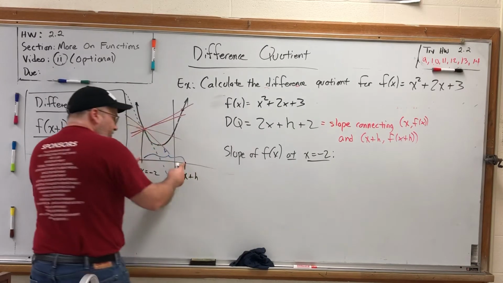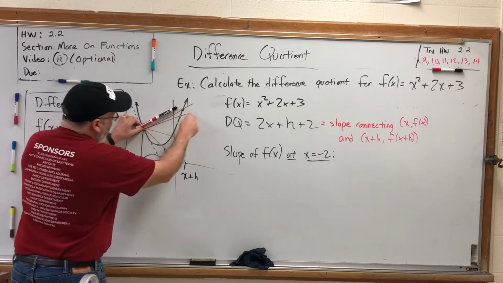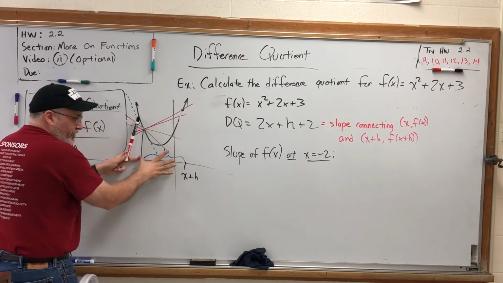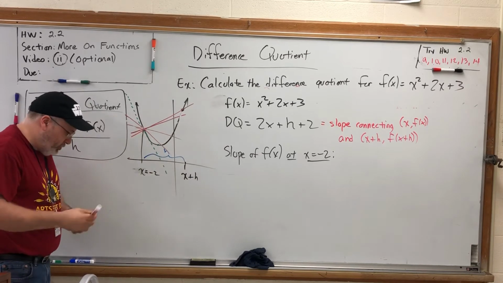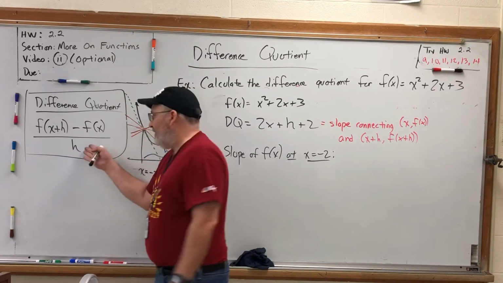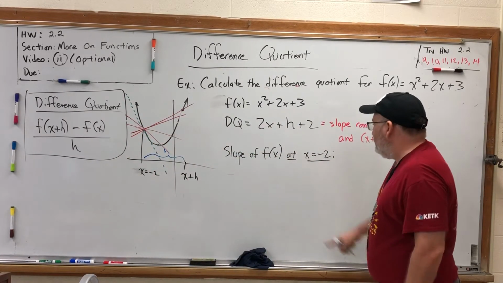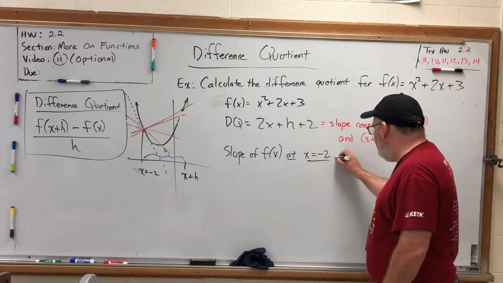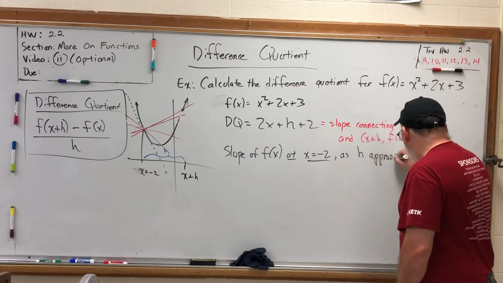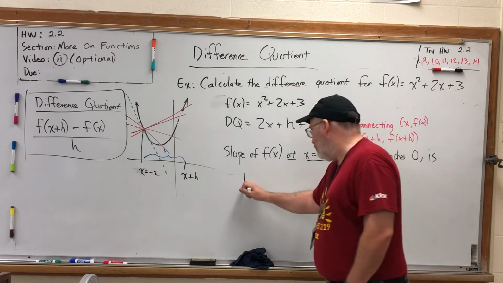But what is happening to this h value as the 2 points converge? In other words, as this second point slides closer to the first point, what is happening to the distance between them? The answer, it's approaching 0. It never technically equals 0, because you can't have 0 in the bottom of a fraction, but it approaches 0. So the slope at x equals -2 as h approaches 0 is whatever the difference quotient is.